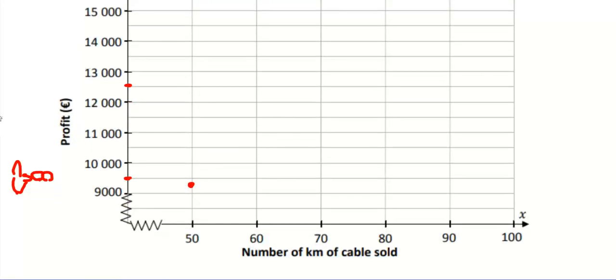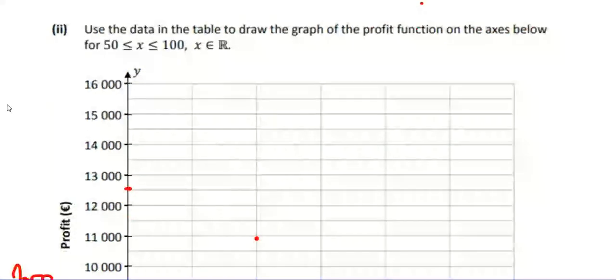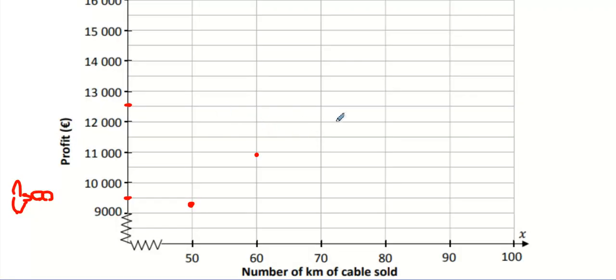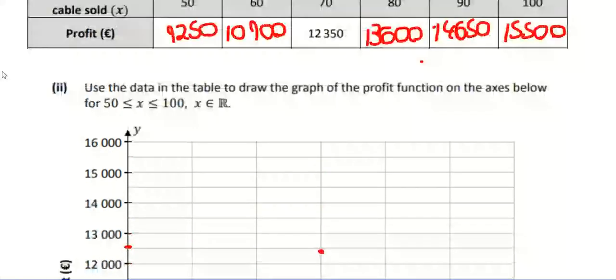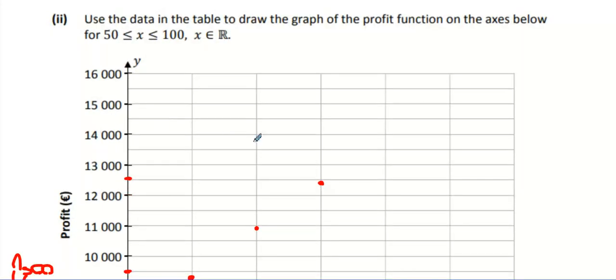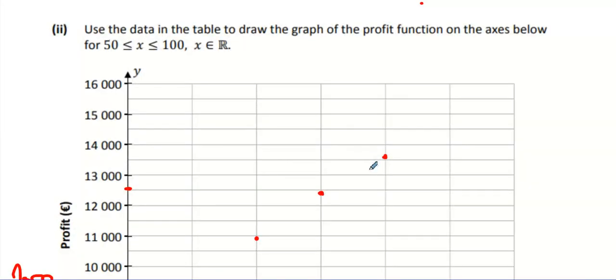Okay, let's go for the next one. 10,900. Just below 11 grand. So I'm about here. Next one after that, 12,350. Just below 12,500. So around here. 13,600. Just above 13,500. And finally, 14,600.